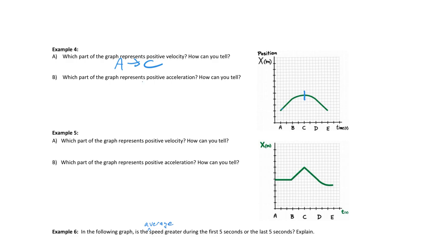The first part, A through C, has positive velocity, but it's slowing down. Speed's decreasing. So this has a negative acceleration. So it can't be that side. How about the right side? C through E.